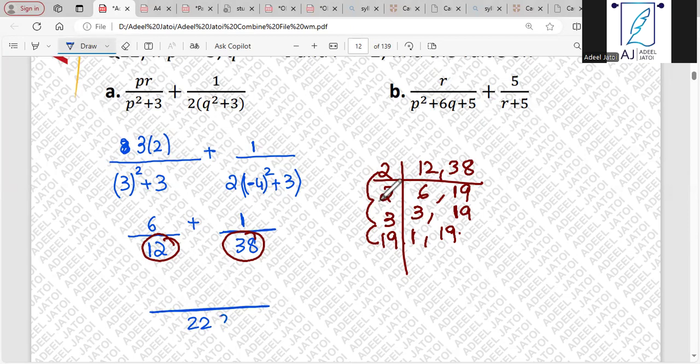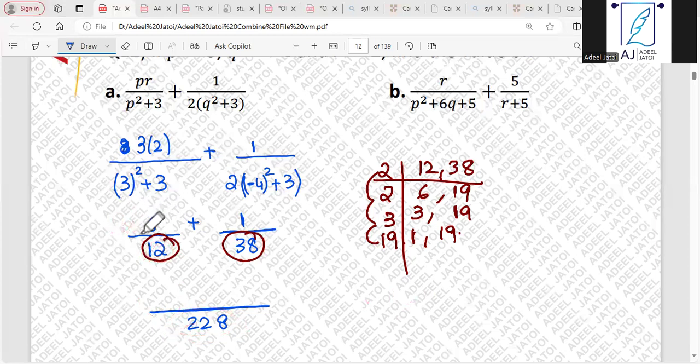So now when we have 228, the process is that LCM is divided by denominator. So 228 divided by 12, we get 19. So when 228 is divided by 12, we got 19. 19 will be multiplied by 6.